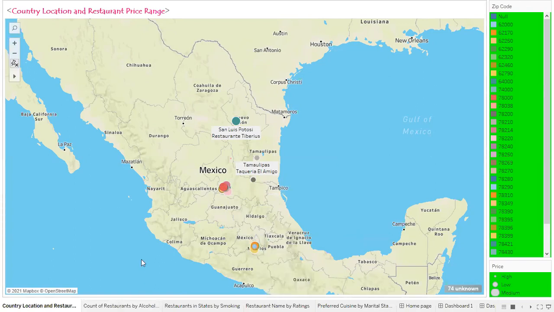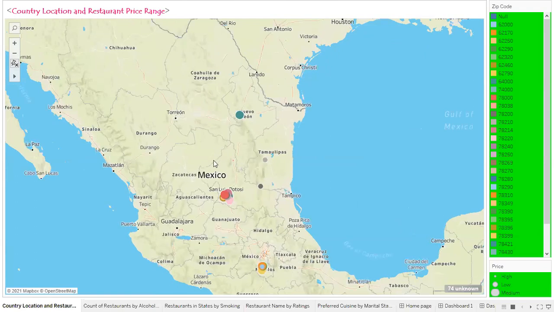So the next thing I looked at is, of course, we know that Mexico City is one of the most populous cities and metro areas in the world. It has its economic booms and glooms and all that. It was really amazing for me to see the location of these restaurants across the states in Mexico.